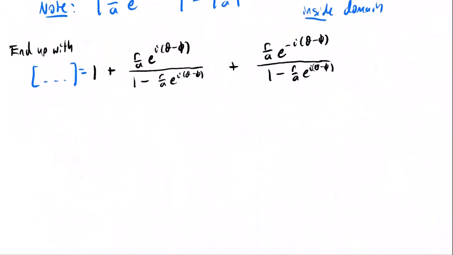So let's now do the algebra and try to combine these terms. In order to simplify the calculations, I'm going to let b be theta minus phi, so that I'm not confusing two different a's.